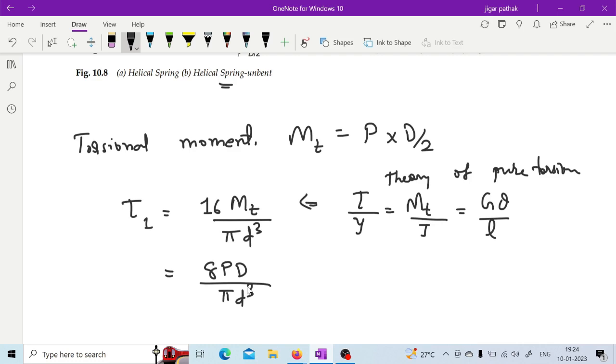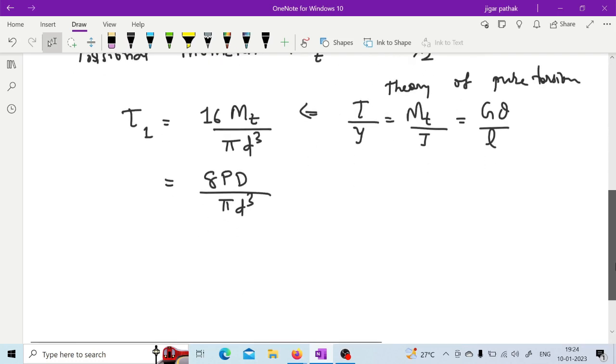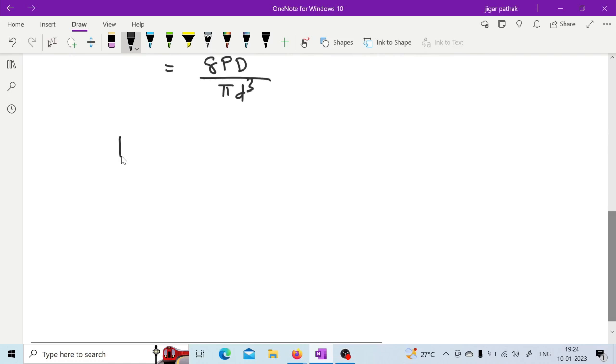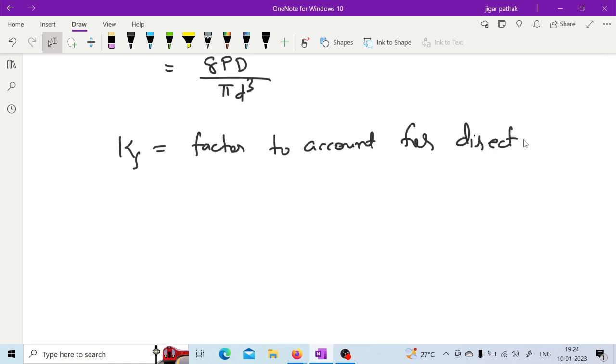But here what we have considered is we have simply unbent the spring. We have not considered the direct shear stress, or we have not considered the stress concentration due to the curvature in this spring. So for that we have to consider some factors, let us call those factors Ks and Kc, right? So Ks is the factor to account for direct shear stress.